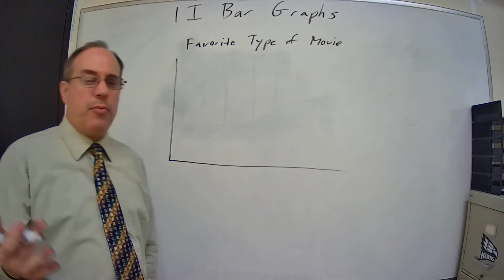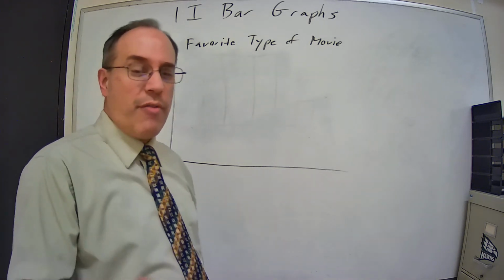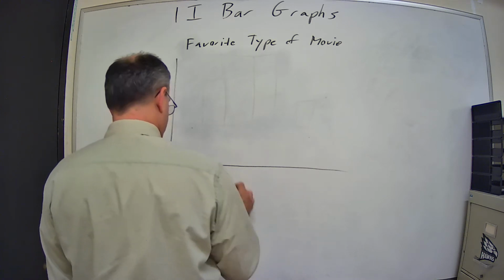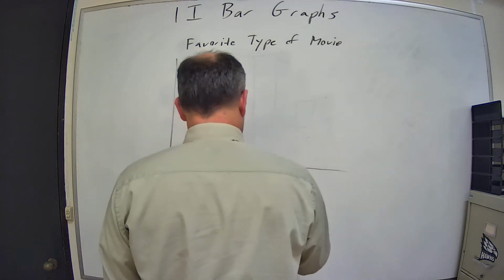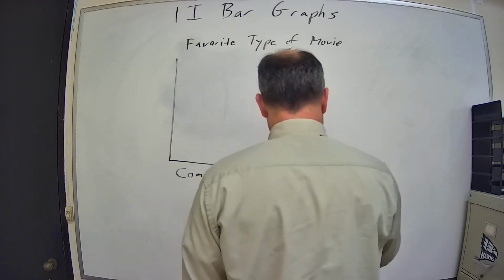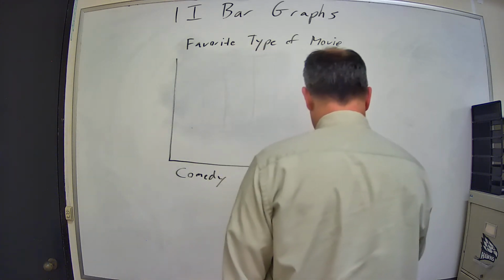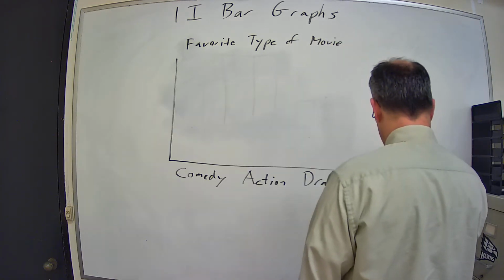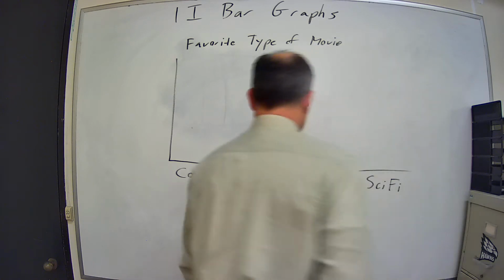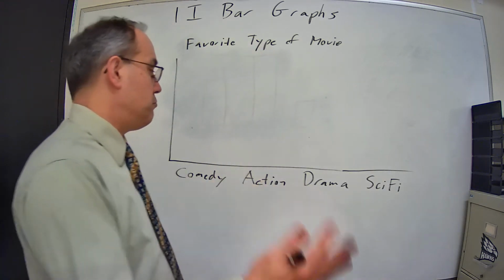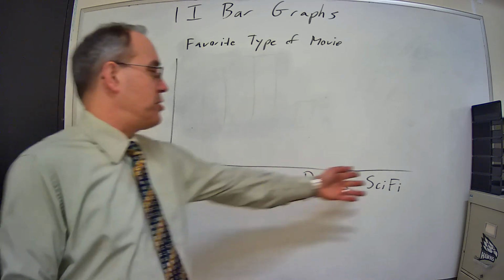And let's see, what type of movies do we want? Well, we might have a comedy, action, maybe a drama, or sci-fi. Maybe, well, I'm going to stick with that because I'm running out of space here.